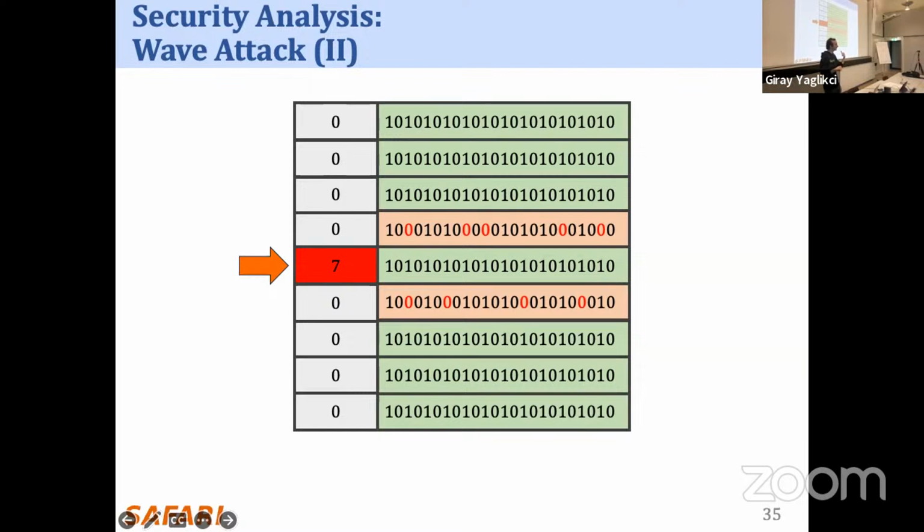The tracking is done by the DRAM module. Therefore, it's not saying refresh that row, refresh that row. It's just saying perform refresh operations in this bank. And the DRAM module is responsible for refreshing the maximum activated row. Because the period is constant, we are overwhelming the mechanism here.